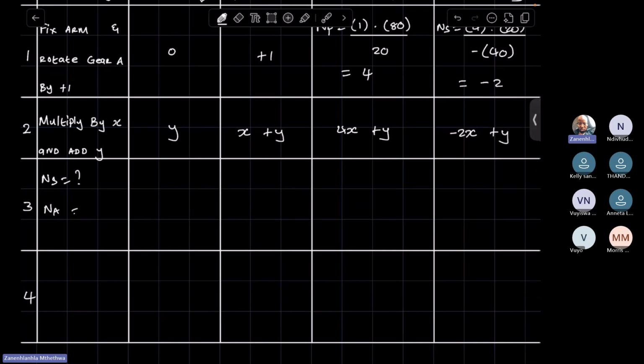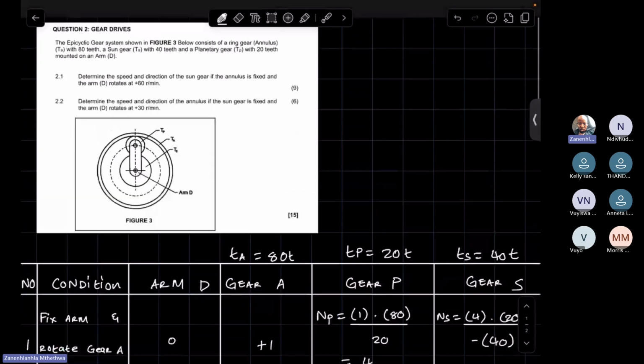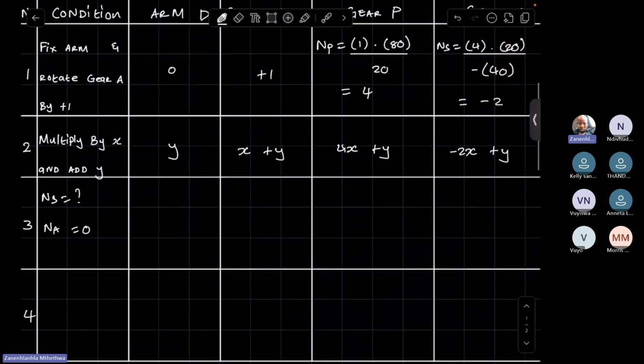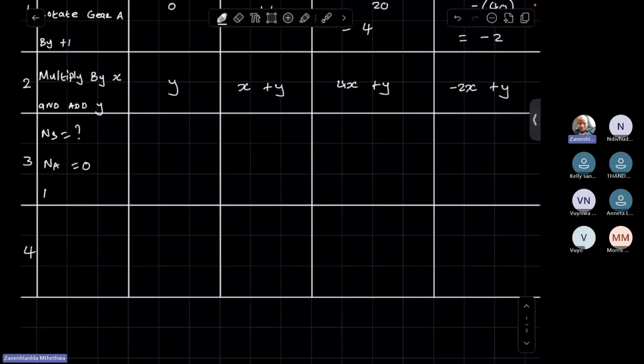And then the other assumption, the arm D, so the arm rotates at 60 revs per minute clockwise. So the arm D, we can call this ND, is equal to positive 60. And that's all the 3 quantities that we need to complete the third condition.